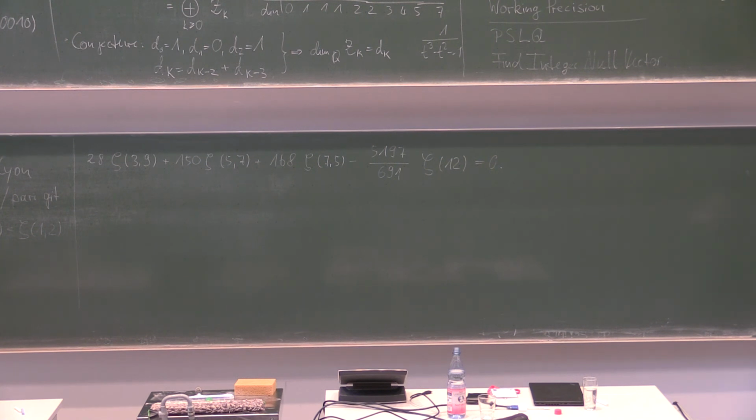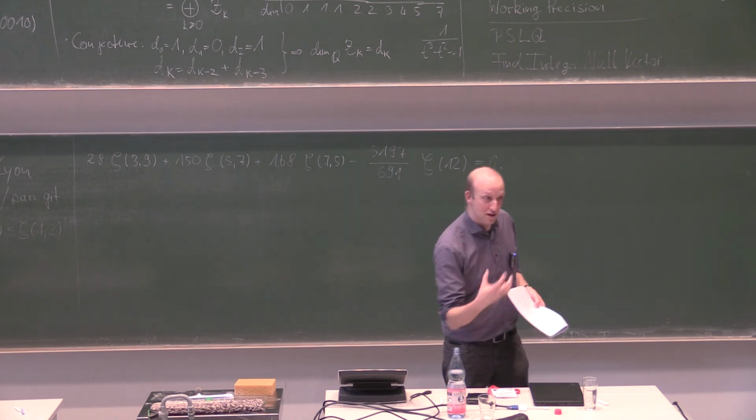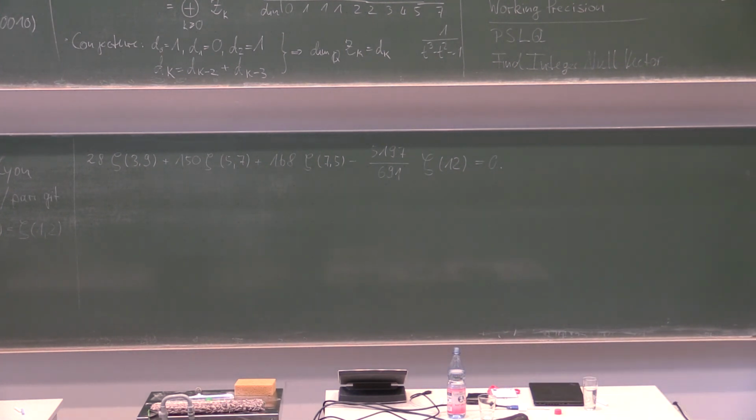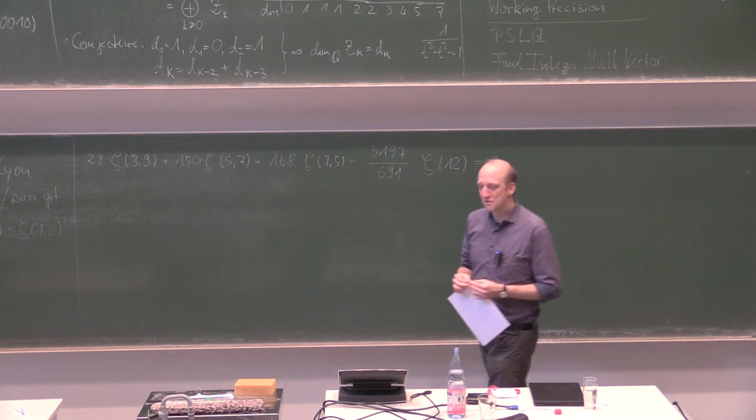Okay, so what I tried to do today was I introduced you to iterated integrals and particular numbers, which are these iterated integrals, which are somehow related to genus 0 at z equals 1. And we explored for a little how relations between these numbers can be derived.